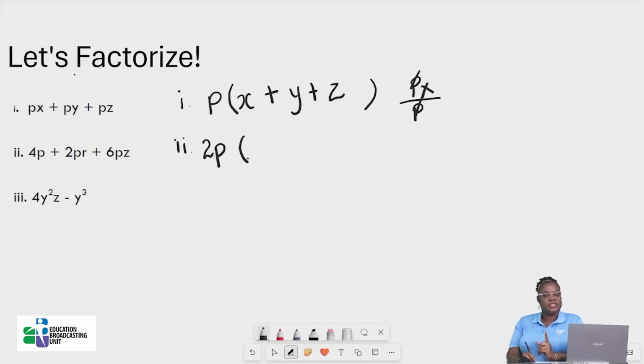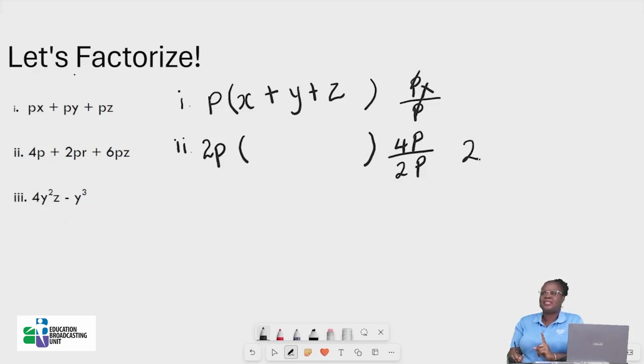Now, just like before, to find what goes in the bracket, we divide our terms by 2p. So on a side note, we have 4p, and we know we have 2p as our factor, and we know that 4 divided by 2, or 2 into 4, is 2.